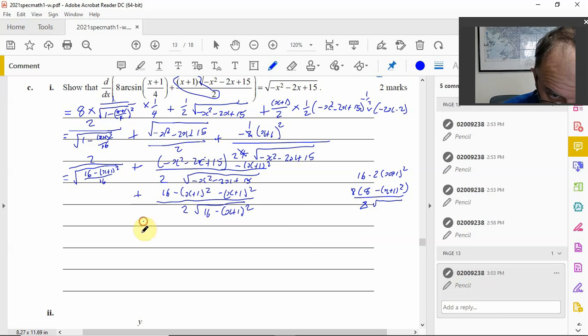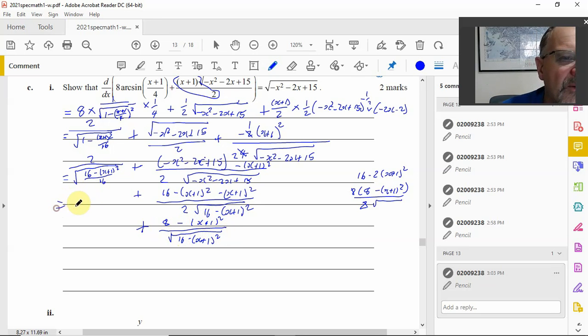So this next line down here will become 8 minus (x plus 1) squared over the square root of 16 minus (x plus 1) squared.